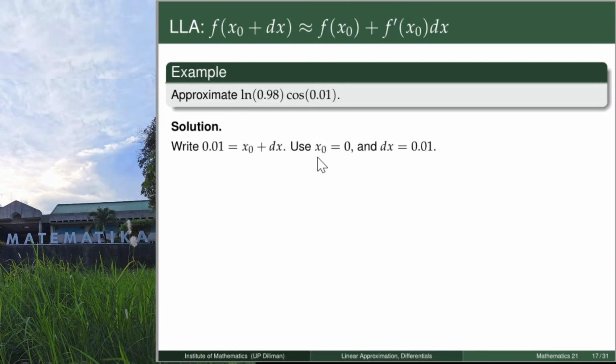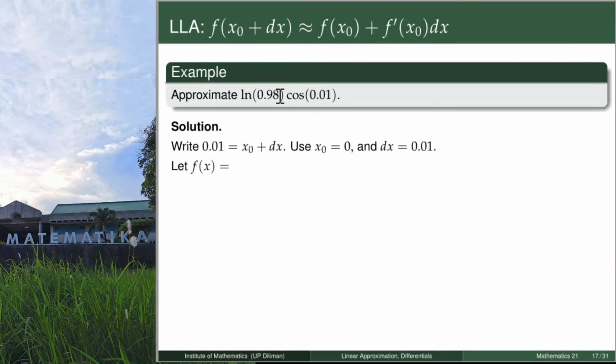So using this x naught and this dx, we have to find out what f of x is. Since x naught plus dx is 0.01, this cosine 0.01 will just use f of x as cosine x. But for the other one, what will be your function for ln 0.98?